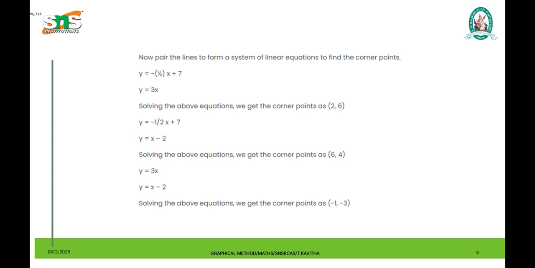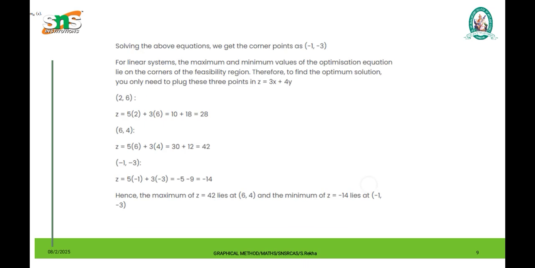This feasible region helps us find the points. Finally, if we solve these equations, we get the corner points (2, 6), (6, 4), and (−1, −6). These are the corner points of the feasible region, and they help us find the maximum value.